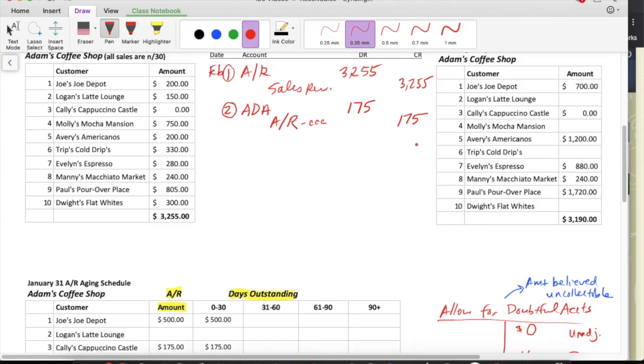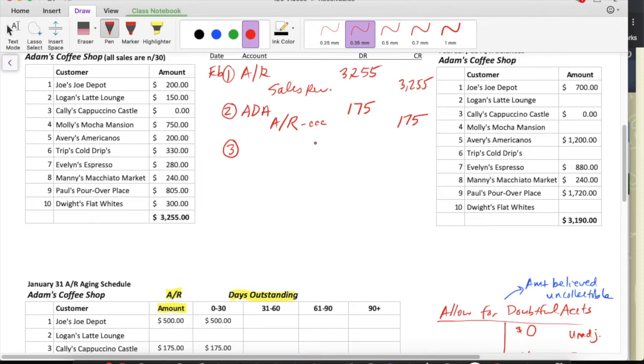And then I'm going to collect some money from my customers, okay, from these sales. I'm going to collect from multiple customers. I'm going to collect from Logan's Latte Lounge. We can highlight these here. I'm going to collect from them. I'm going to collect from Molly's Mocha Mansion. I'm going to collect from Trips Cold Drips and Dwight's Flat Whites.